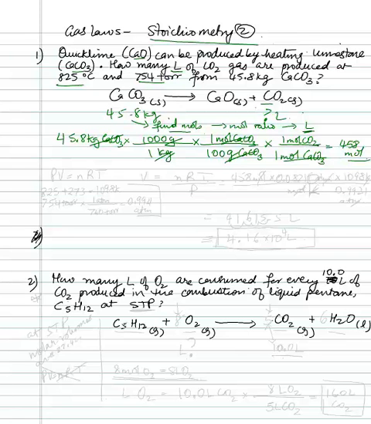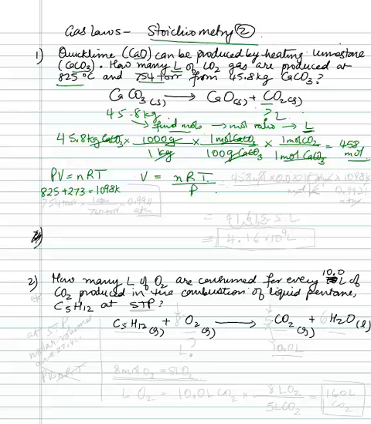Now that we have the moles of carbon dioxide, we are going to find the volume using PV equals nRT, so volume is equal to nRT over P. We need some information before that. We have the moles, we have the R, and temperature is 825 plus 273, which is 1098 Kelvin.